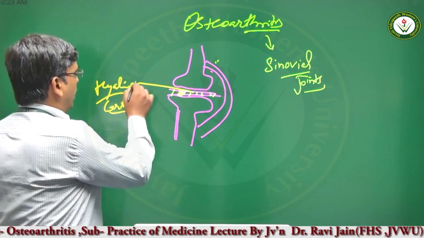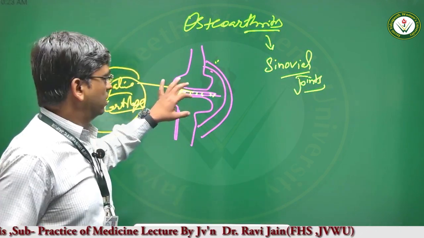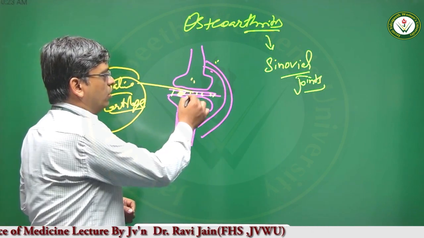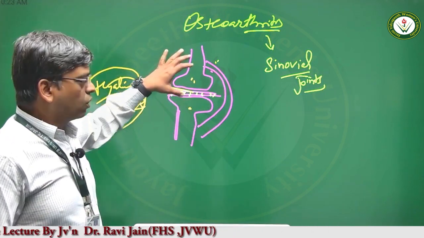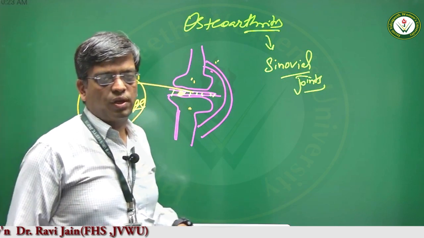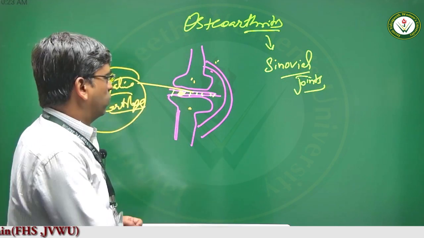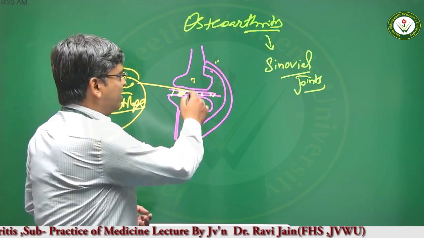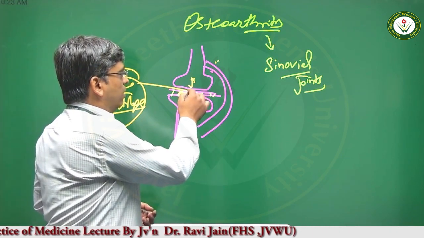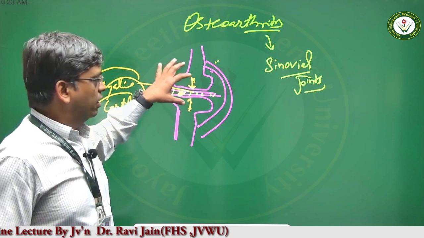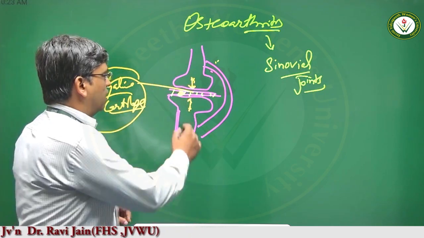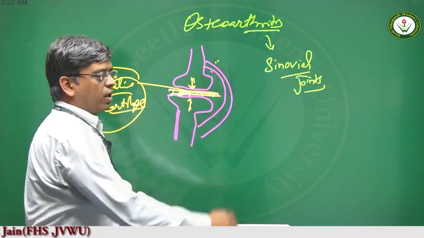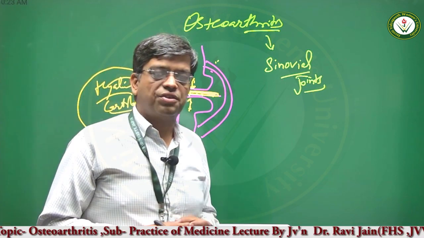It protects these two bones, which are the load bearing bones of the knee joint. When the person walks, these bones exert pressure against each other, and in order to avoid the friction, this cartilage helps the body protect the joints from degeneration.